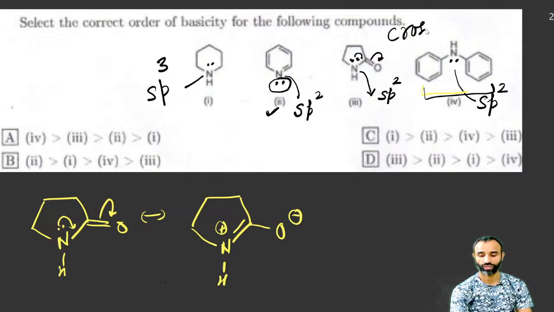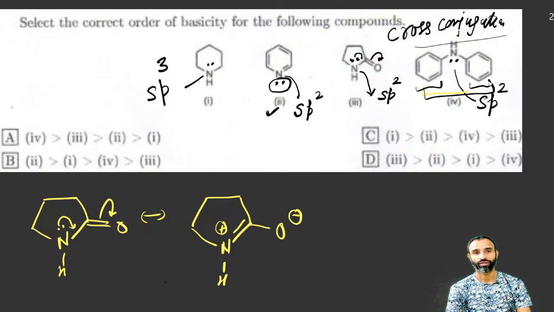Do you know what is cross conjugation? Cross conjugation means both the benzene rings try to withdraw the lone pair from the nitrogen. So at a time only one can get it.